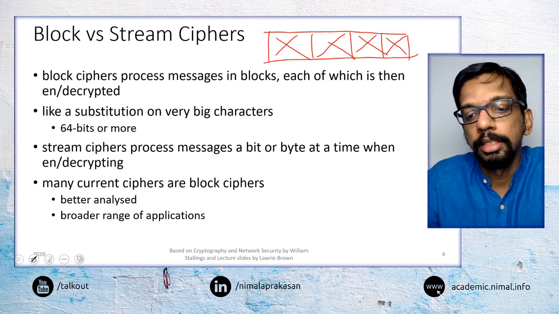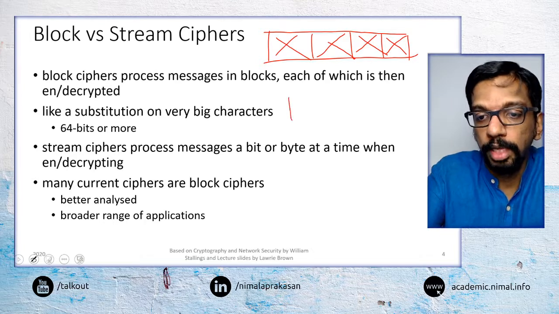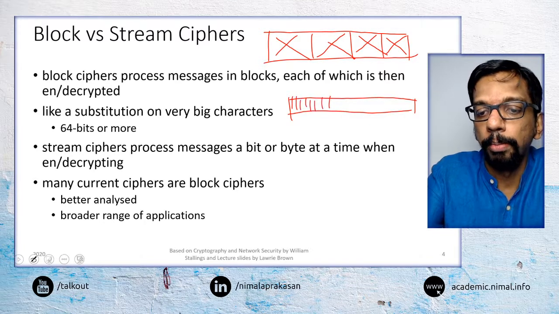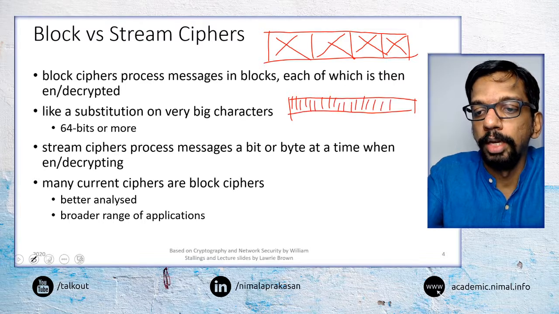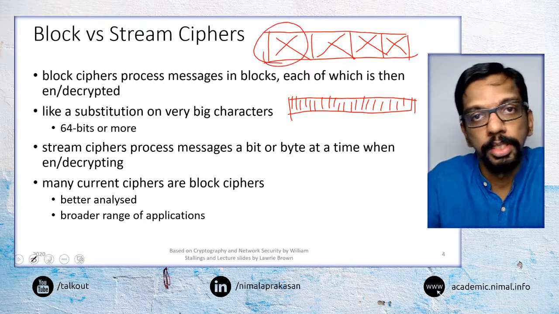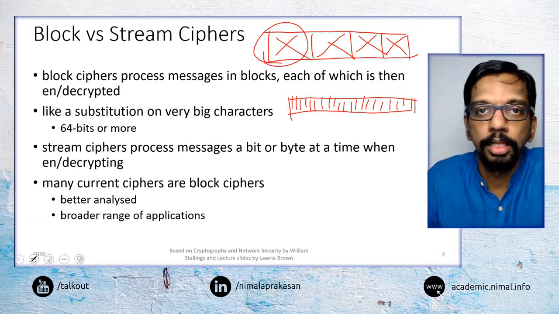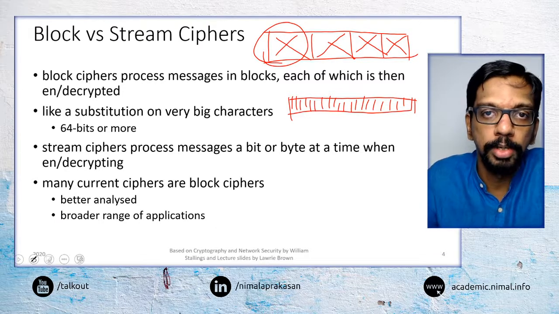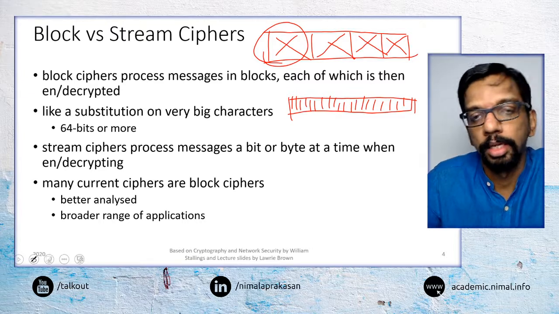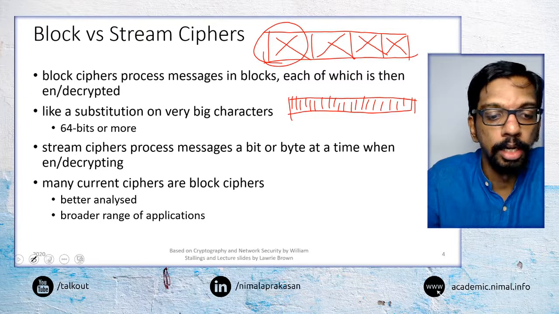On the other hand, stream ciphers take the information and process it as individual bits or bytes in the message. So the main difference is that in block ciphers, a block of data is encrypted and decrypted, whereas in stream ciphers, an individual bit or byte is encrypted and decrypted.